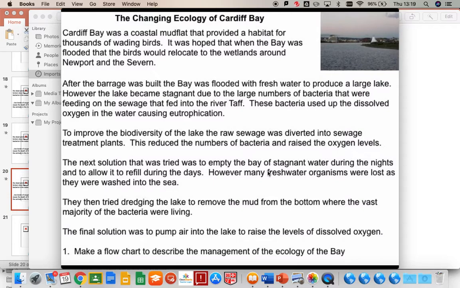They dredged the lake to remove the mud where lots of bacteria were living, and the final solution, which is what they're still doing nowadays, is pumping air through it. If you're up on the link road and you look down, you can see the areas where the bubbles of air are coming up. So first thing I'd like you to do is make a flow chart, putting in order the various steps that they did to manage the ecology of the bay.